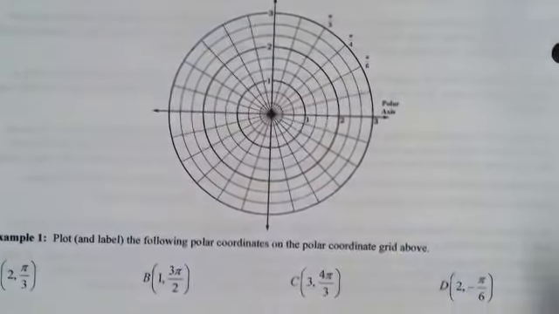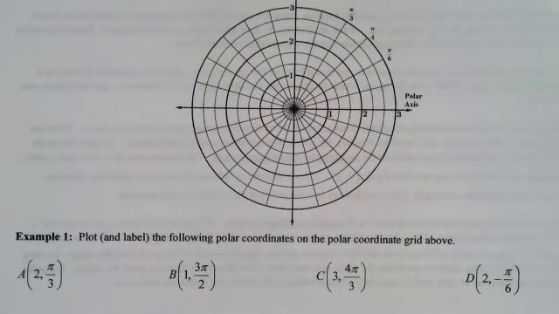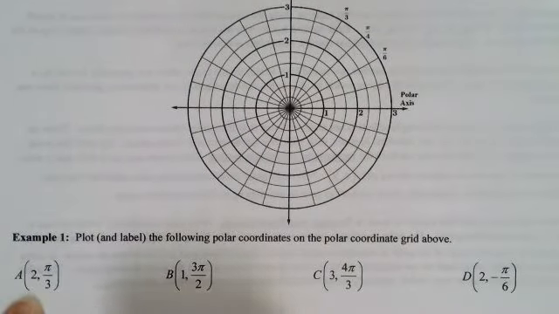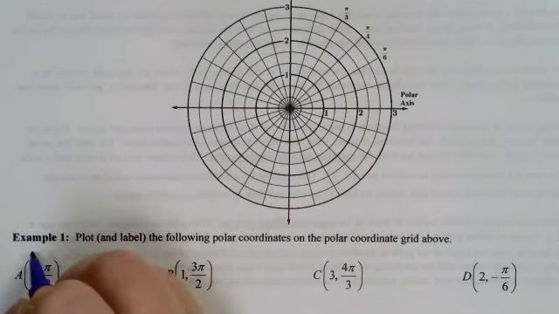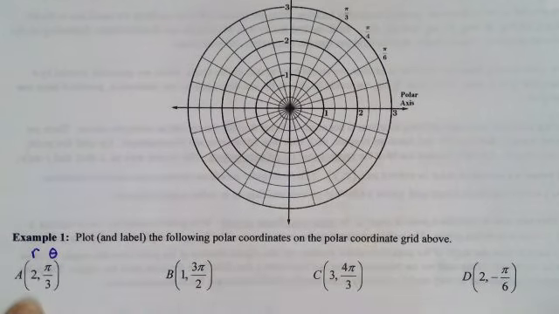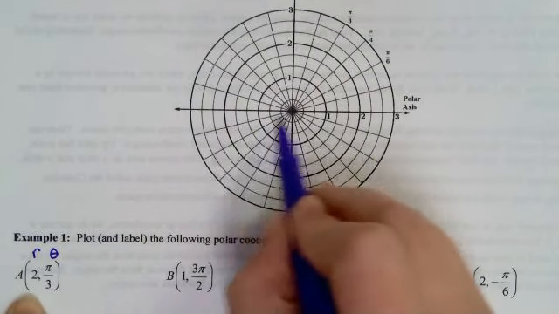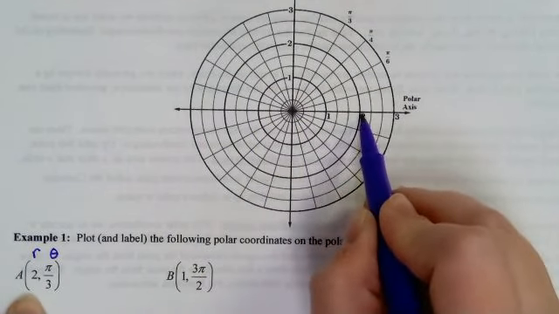We're going to go on the next page, and you'll see a polar grid, which is round, not rectangular. Here's how this works. I'm going to plot this point A that you see, example 1. This first value is R. This second value is theta. I'm going to go to the right 2, because I want to go out a distance of 2.